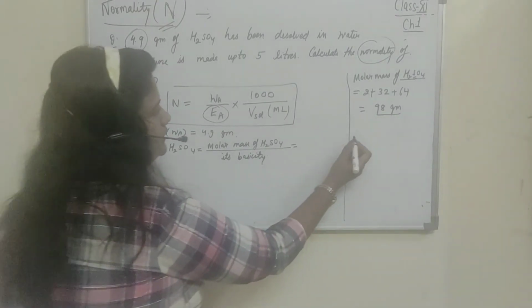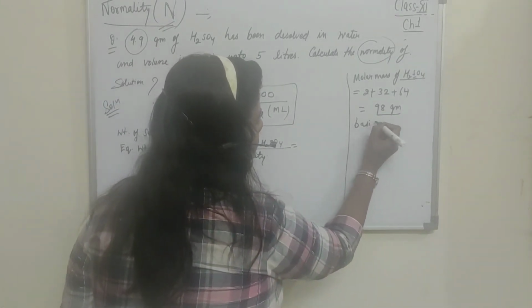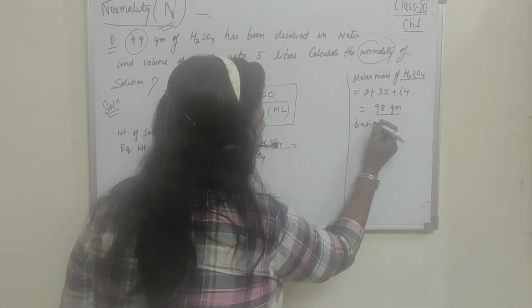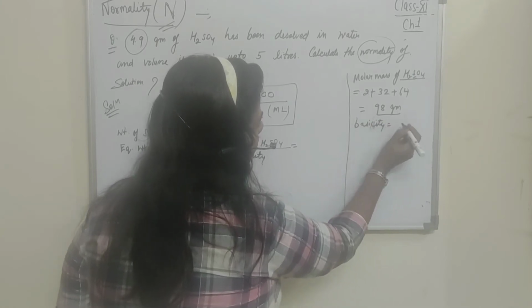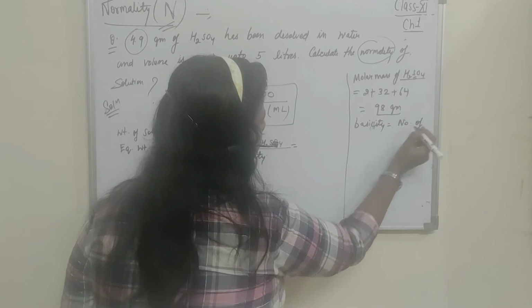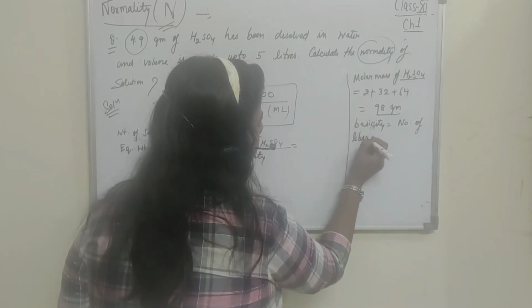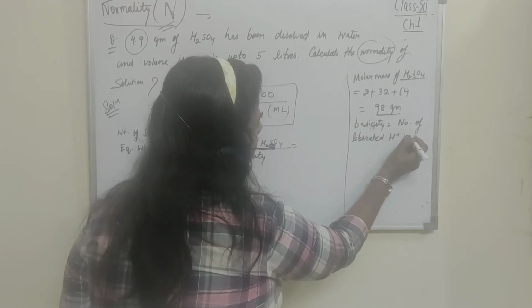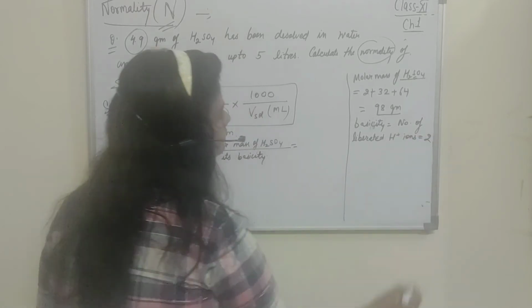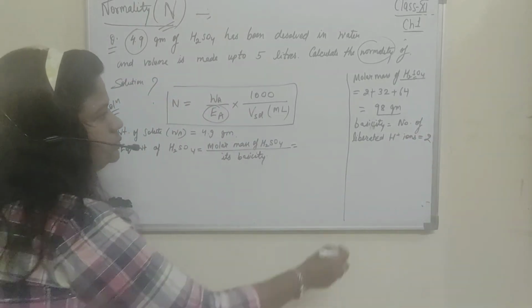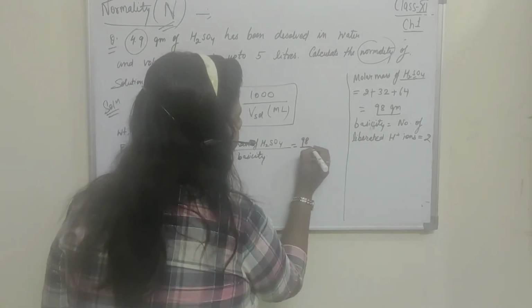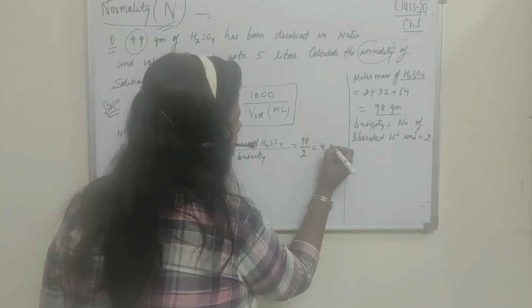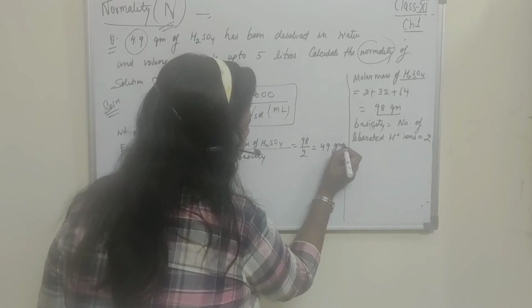Now its basicity: the number of liberated H plus ions is equal to 2. Its basicity is 2. Therefore 98 divided by 2, 49 gram.